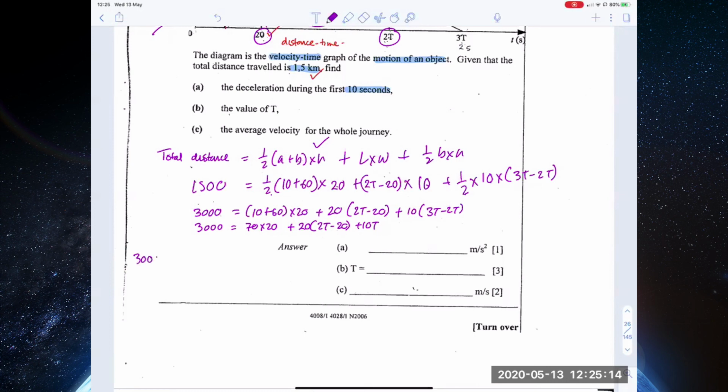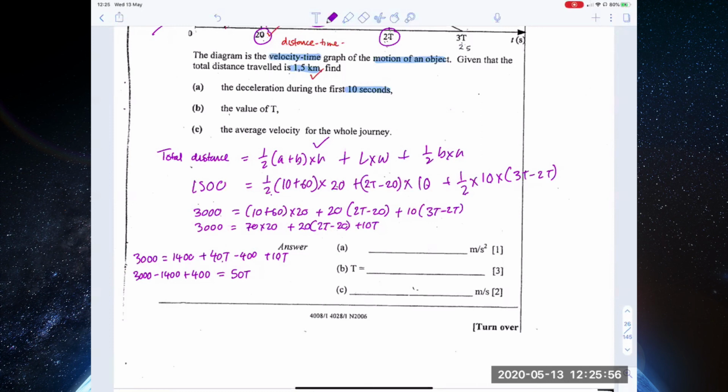Let's multiply further. So 3,000 is equal to 1,400, because 7 times 2 is 14, add the 2 zeros, plus, multiplying inside the bracket now, 40t minus 400 plus 10t. Then I'm going to bring all the numbers to one side. So 3000 minus 1400 plus 400, because 400 becomes a plus, equals 40 plus 10, which is 50t.